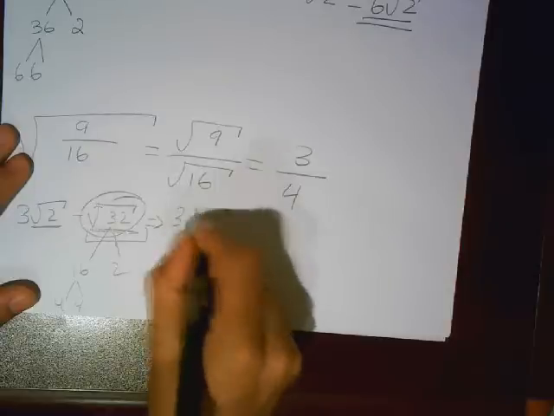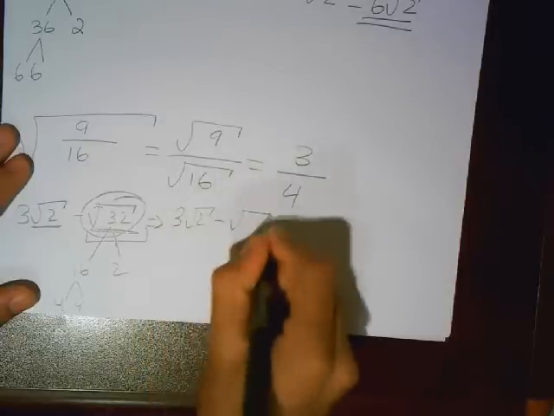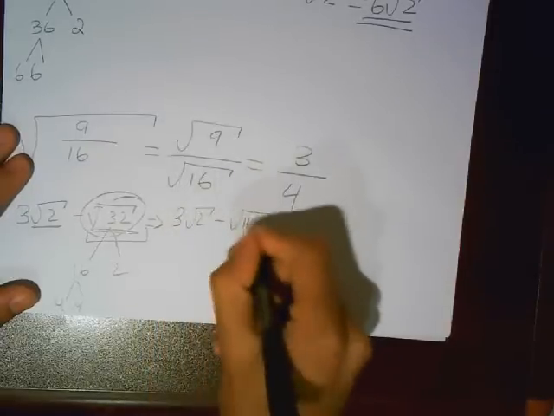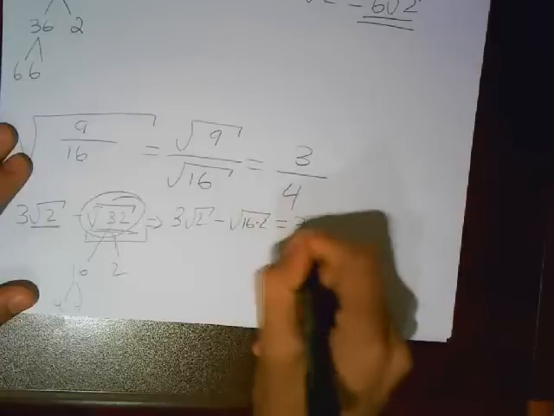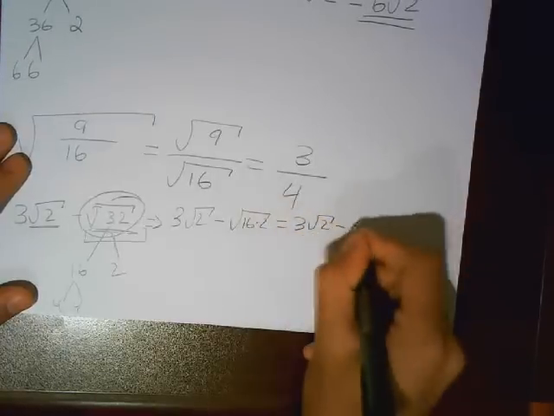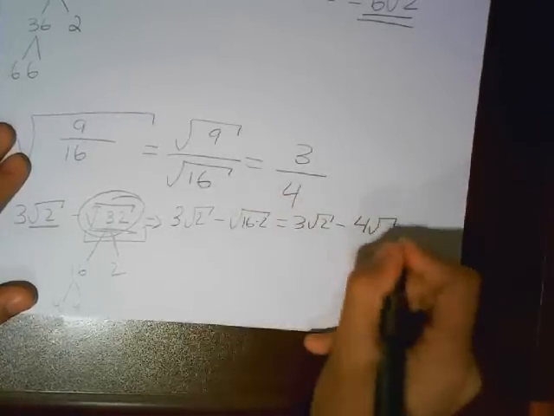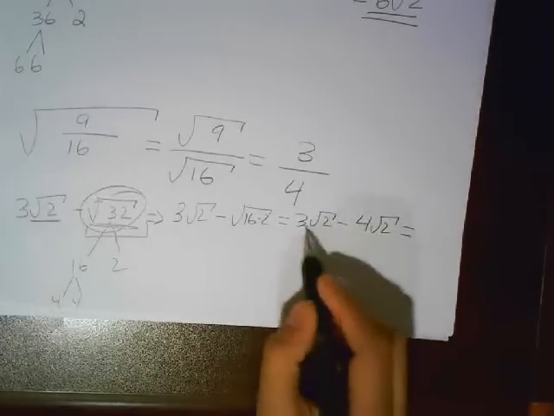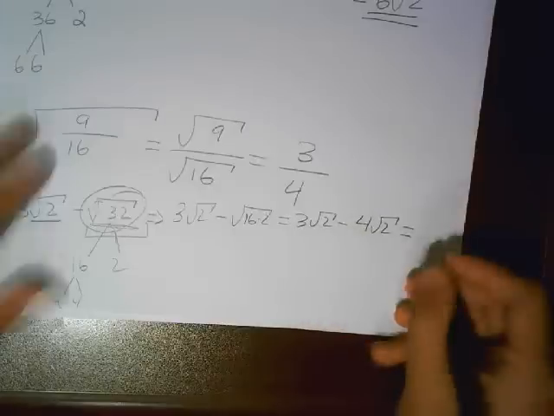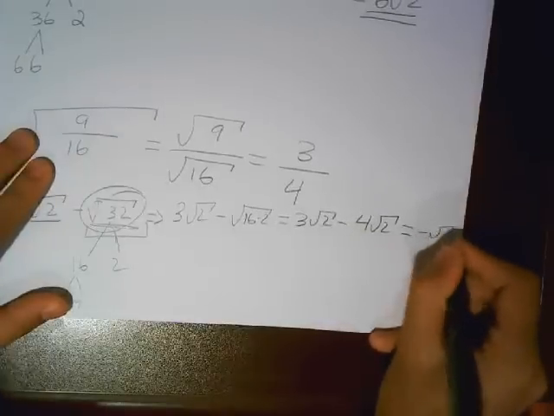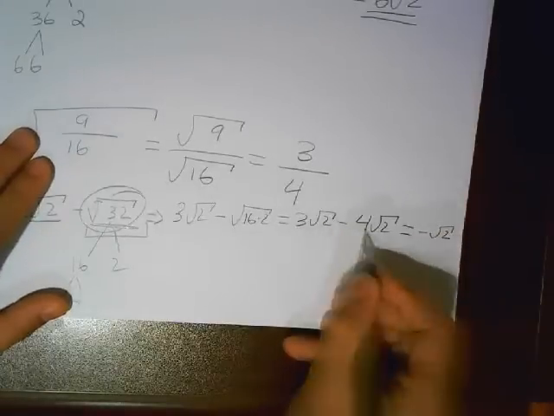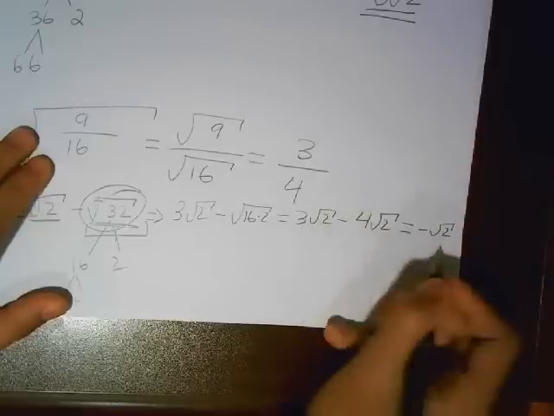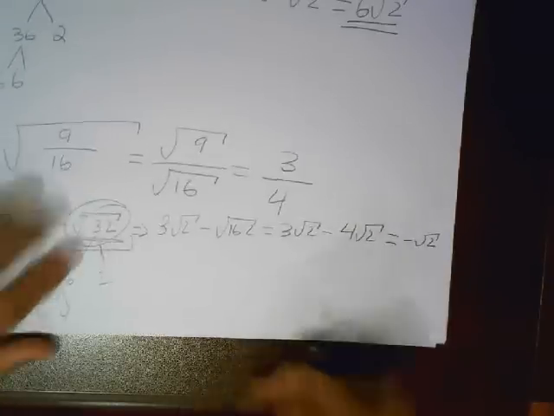So this becomes 3 root 2 minus square root of 16 times 2. Square root of 16 is 4, so 4 root 2. 3 root 2 minus 4 root 2, this is like 3x minus 4x, it is negative root 2, because 3 minus 4 is negative 1, and the root 2's stay there.